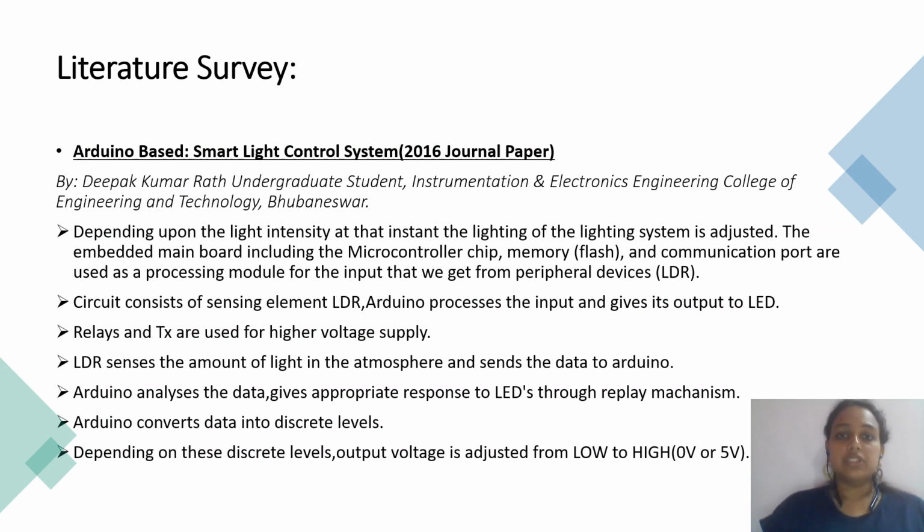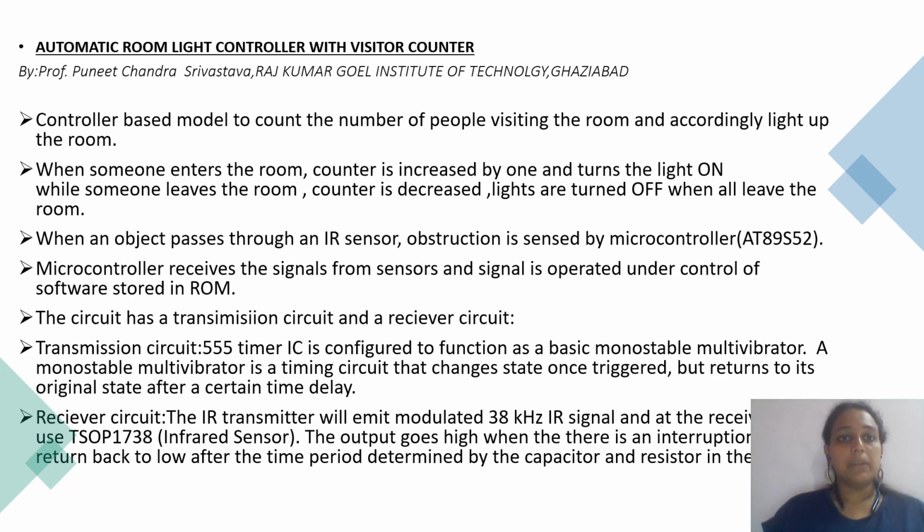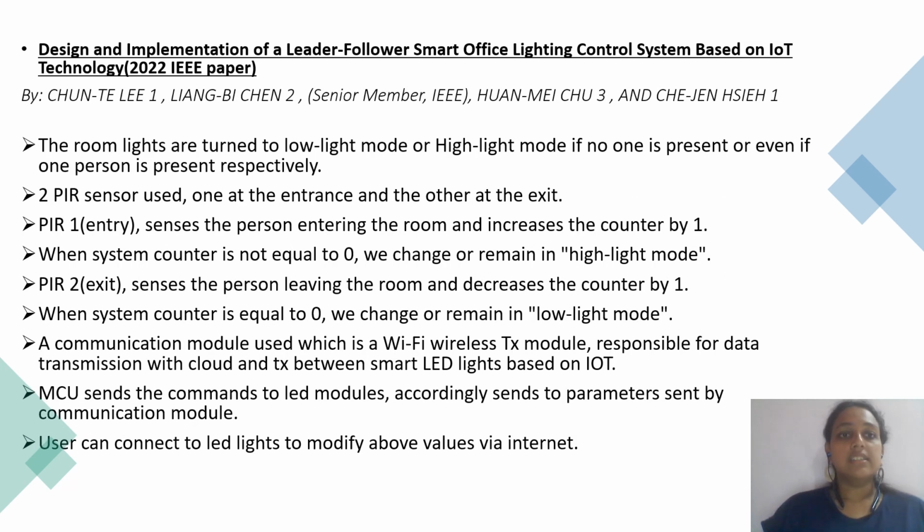So I have done the literature survey on 8 base papers. The first is the Arduino Uno smart lighting control system. Second is the automatic room light controller that uses a visitor counter. Third is design and implementation of a leader follower smart office lighting control system which is based on IoT.